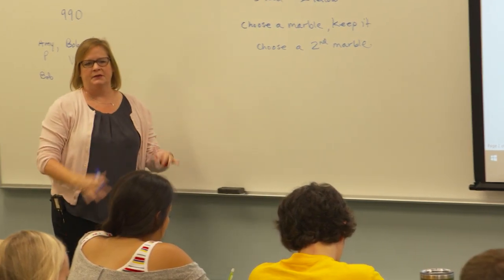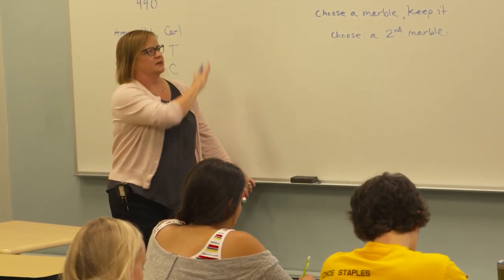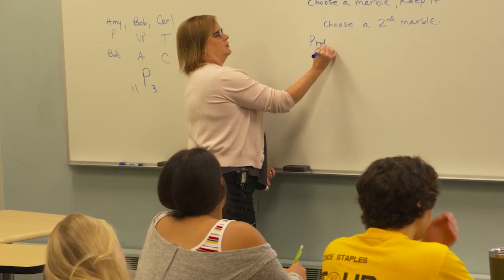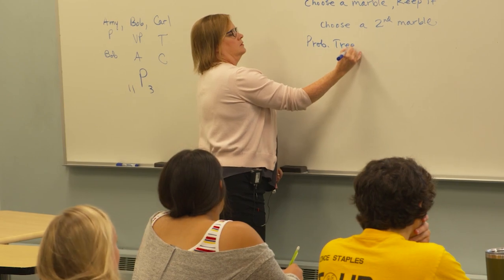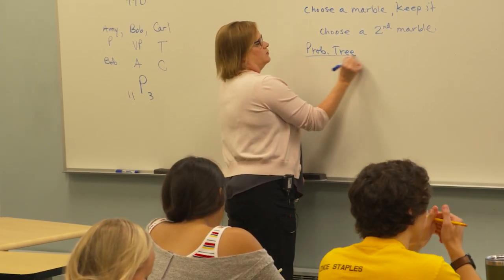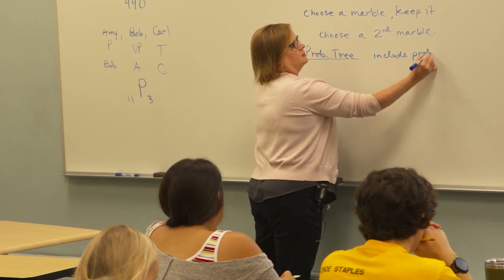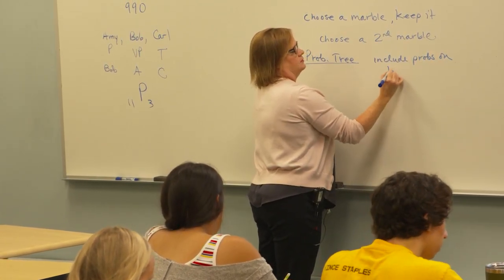So that's my experiment. And I want you to show that experiment with a tree. So we're going to make it into a probability tree. Whenever you do one of those, you need to include the probabilities on the branches.